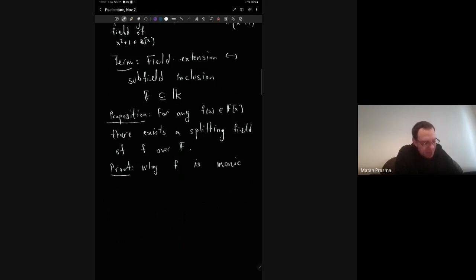Monic or not monic, it doesn't change the possible roots of f, and the splitting field only depends on the possible roots of f. So if it exists for monic, it exists for every polynomial.